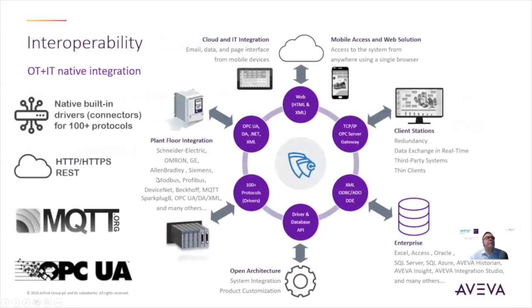One of the nice things about AVEVA Edge is that we have over 100 protocols built in for different PLCs. And again, not only PLCs, but things like robots, temperatures, motion control, vision. And in addition to the drivers that we have built included, we can also be an OPC UA or DA server, or a client.